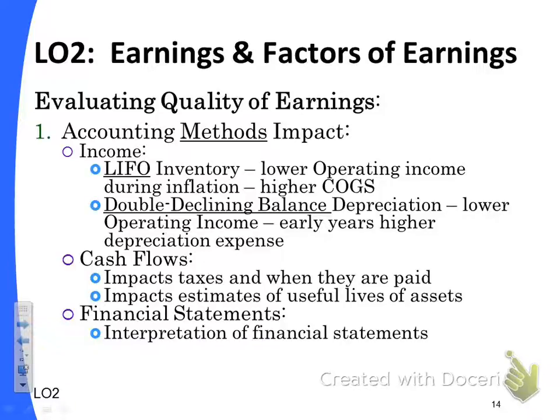The LIFO method tends to lower the operating income during an inflationary period, and we'll learn about that when we get to our chapters on inventory. Same with the double declining balance. It will lower the operating income during the early years that the items are being depreciated. And then the factors that affect the cash flow and the interpretation of the financial statements.